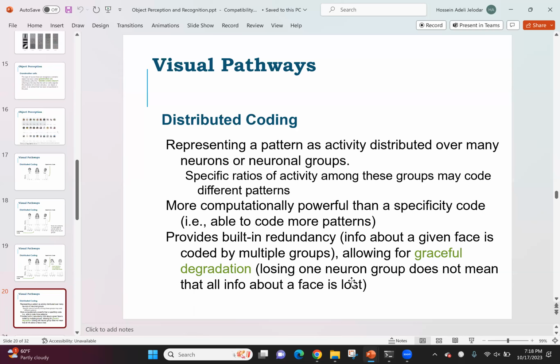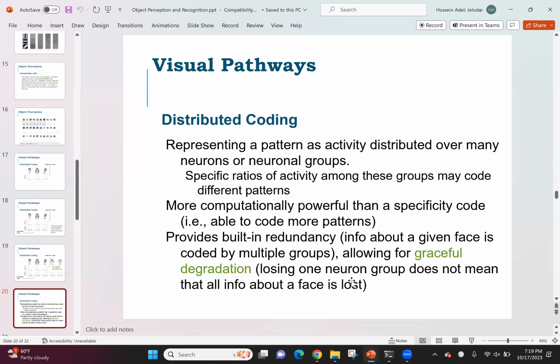It is more computationally powerful, right? It could code a lot more patterns. I tried to show you with a simple color example that with a combination of colors, you could code a lot more colors and examples than if you had a color assigned to every person. On the other hand, it has redundancy, right? Because if it's distributed, and in the brain it's distributed across millions of neurons, then losing a few neurons, what is a few neurons?